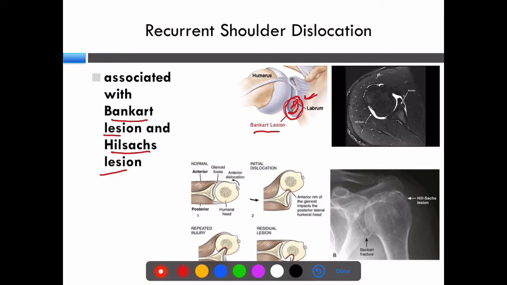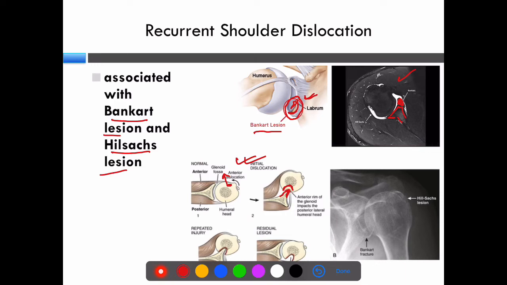producing the Bankart lesion. In the axial cut of the MRI, you can see this labrum is torn apart from the proper glenoid. And in this picture, you can see when the head of the humerus dislocates anteriorly, the posterior superior aspect of the humeral head impinges on the anterior part of the glenoid labrum.